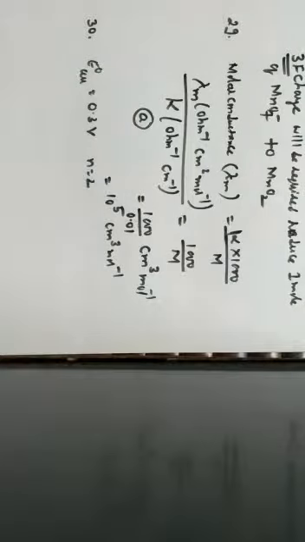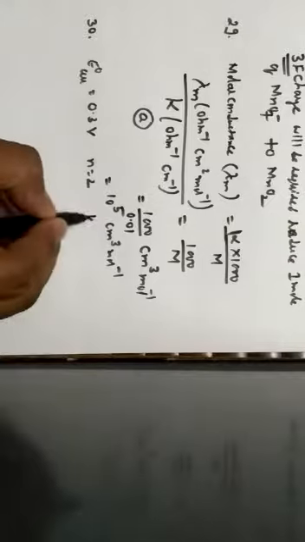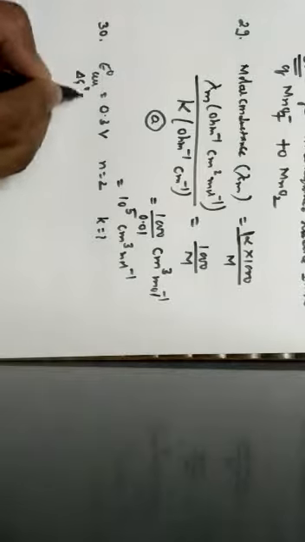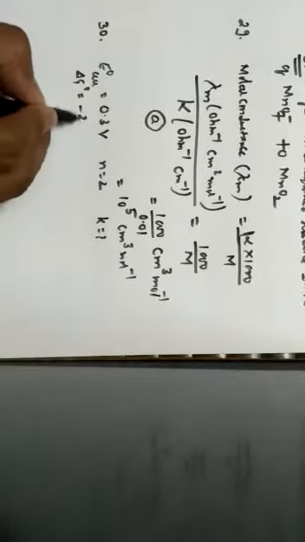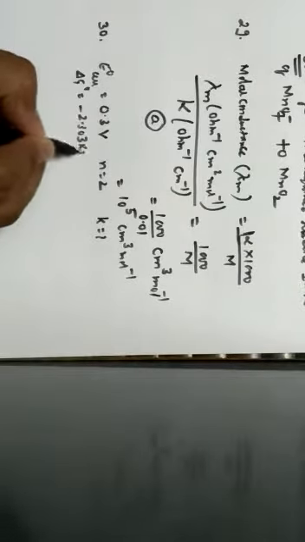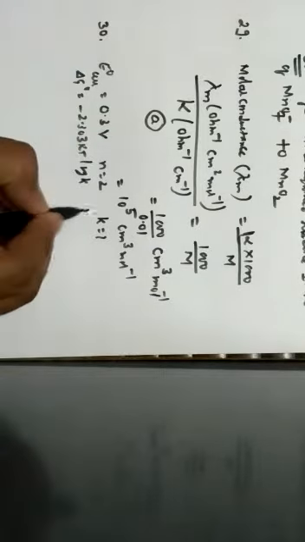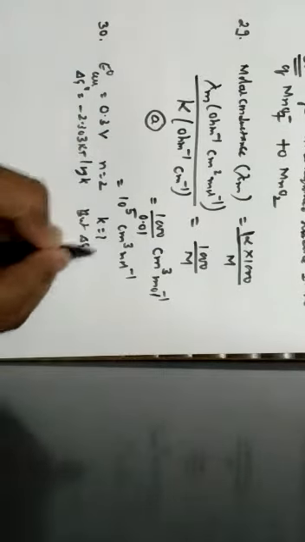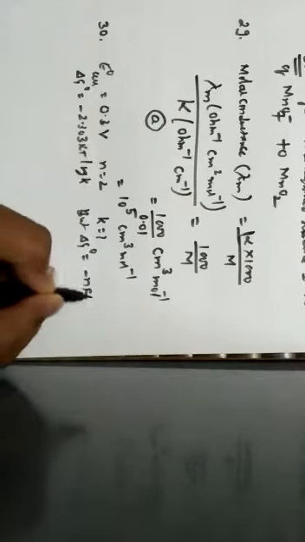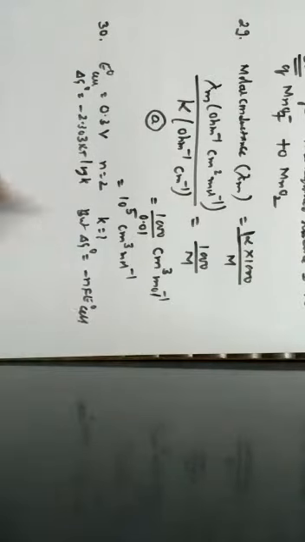The equilibrium constant of the reaction is, so they are asking us to calculate the equilibrium constant, that is K. So here we know that delta G0 is equal to minus 2.303 RT into log K. But we know that delta G0 is equal to minus nF E0 of cell.